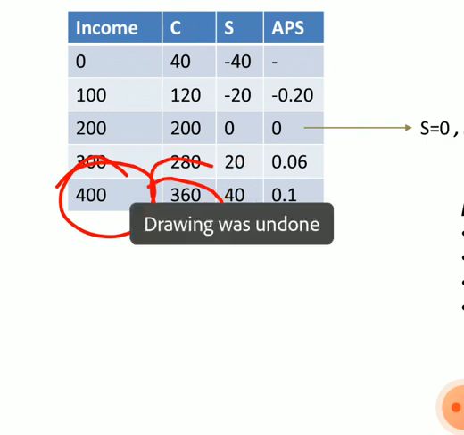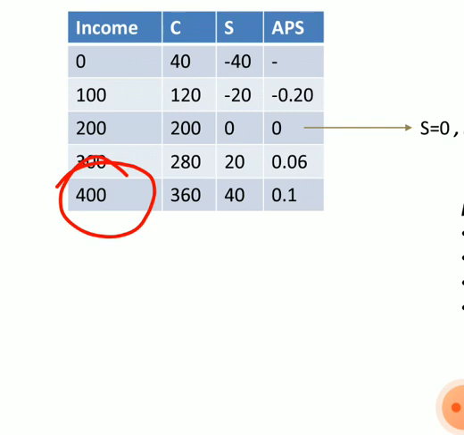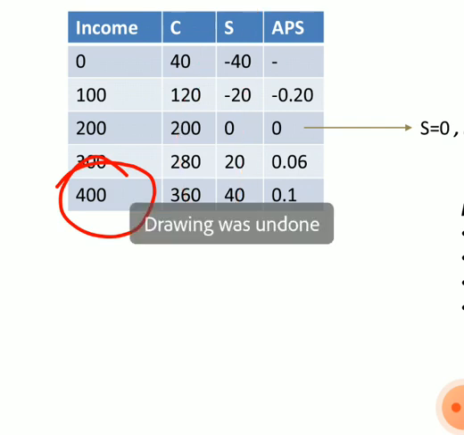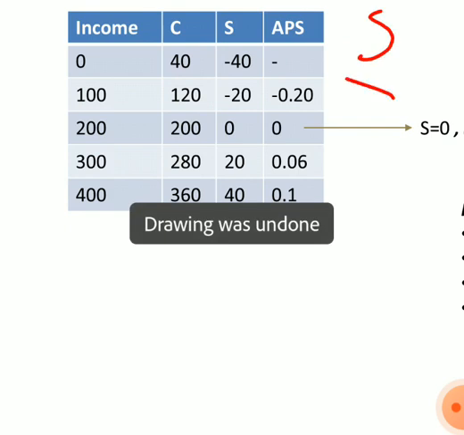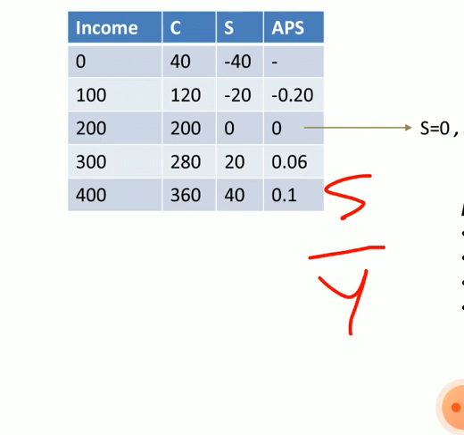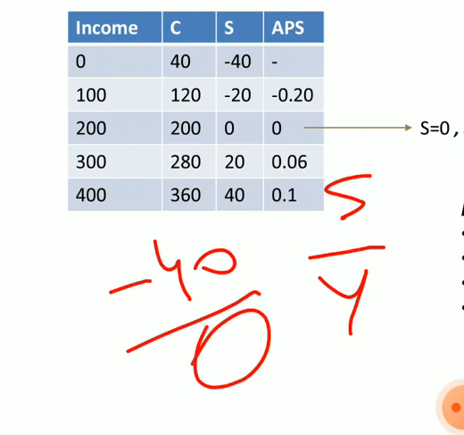Okay, so first we have to find savings. If saving is given to you in your exam, then it's okay. If not, then you have to find savings, and only then can you calculate the APS. Now we have to calculate the APS. What is the formula? APS equals S upon Y. So you have to put the saving in the upper part and Y, income, below. When income is 0, it will be blank.